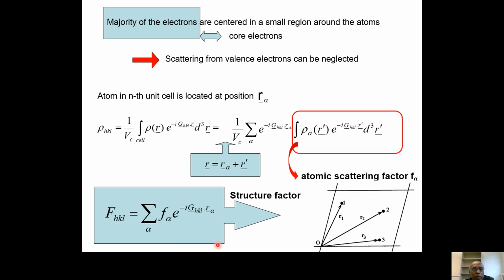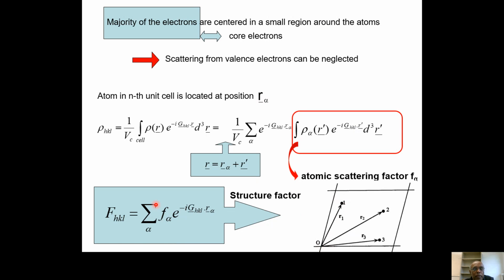Here we are talking about alpha. Like in this case, I have 3 values of alpha, right? F1 coming from R1 here. Then R2, R3. In this particular one, I have 3 vectors. So then we need to add, that is coming from all the positions here.